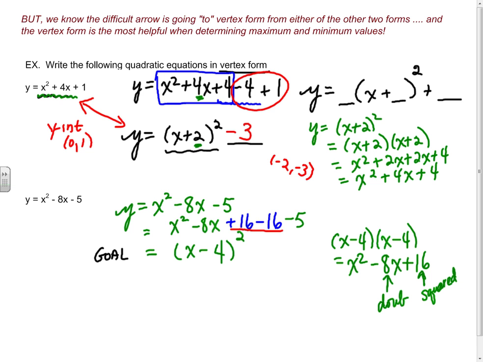That allows me to take the first 3 terms, x squared minus 8x plus 16, and write those as x minus 4 squared. The last 2 things, the minus 16 and the minus 5, I can put those together in a pile and end up with minus 21. Those 2 are equal, but they look rather different.